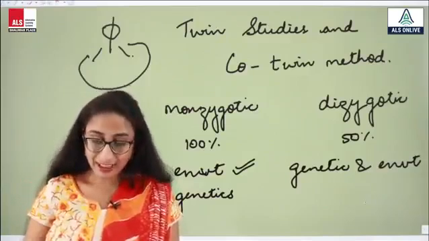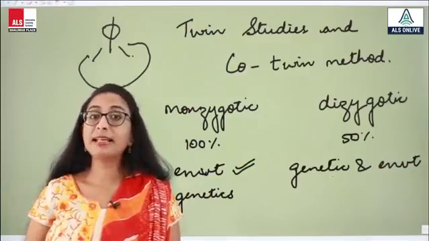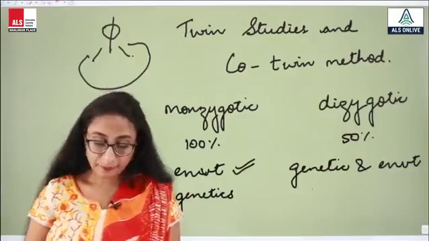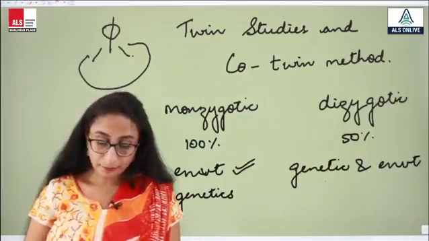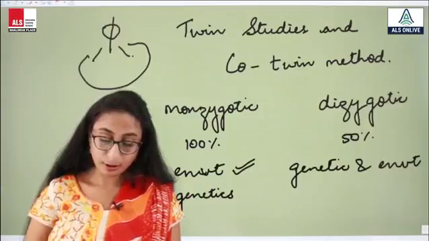Whereas here, if there is a similarity in the dizygotic twins, if there is a similarity in the traits between both the twins, then we can say monozygotic twins.